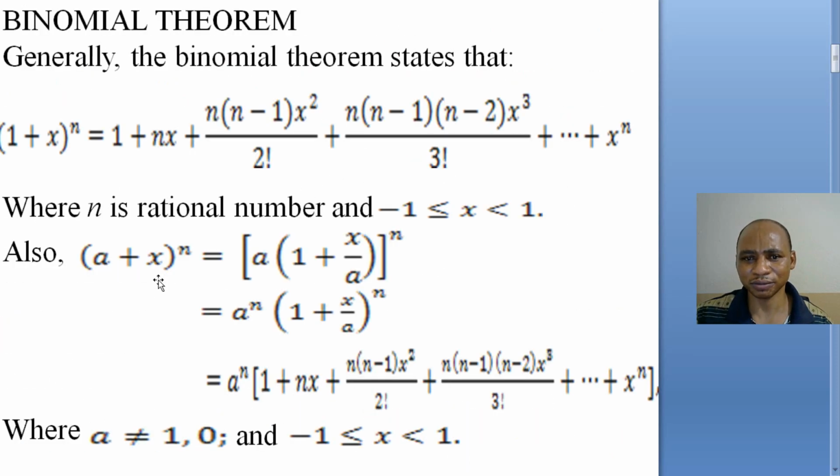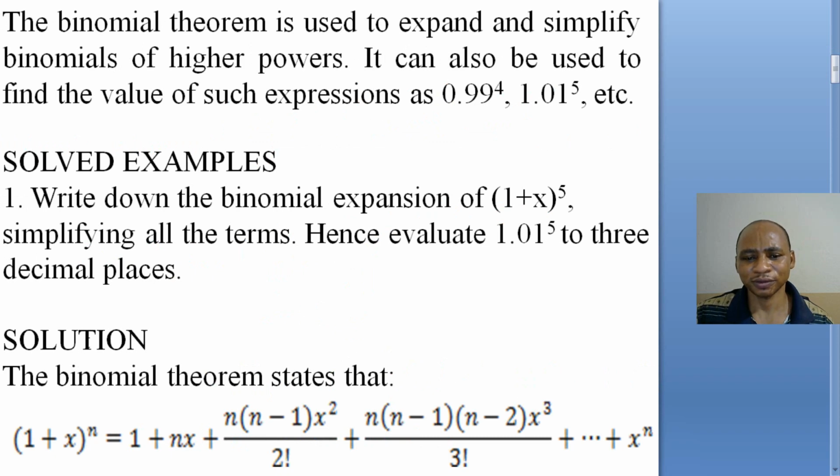Now the solution goes this way. First, the binomial theorem states that 1 plus x raised to the power n is equal to 1 plus nx plus n times (n minus 1) times x squared all over 2 factorial, plus n times (n minus 1) times (n minus 2) times x raised to the power 3 all over 3 factorial.